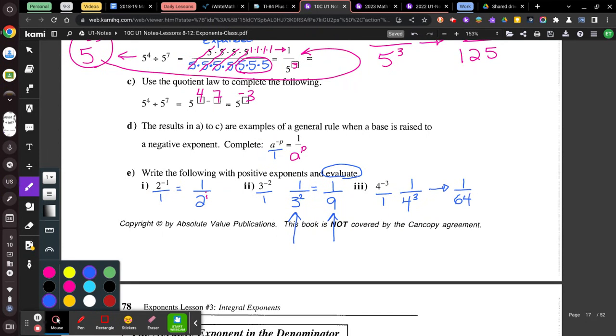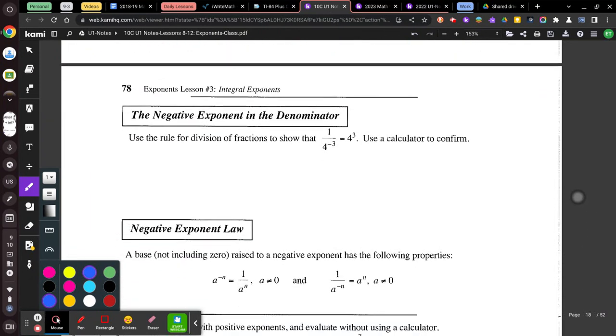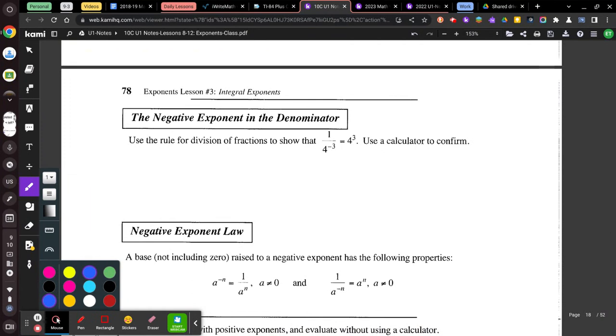Okay, turn your page, please. So now we're going to see a lovely example here. It says use the division rule to show this. Okay. The division rule is this. If I show 1 dividing by 4 to the negative 3, that's what it's showing.